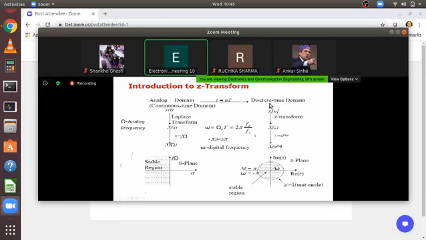We will go through the Z transform, and after that the DFT and so on. Then we will almost finish with the review part, and then we will start with the digital filters. But let us first try to understand the introduction to the Z transform.